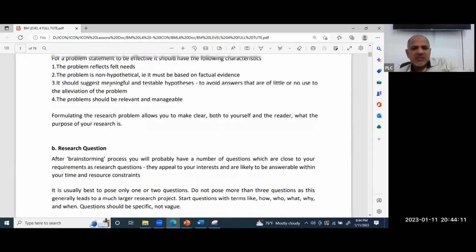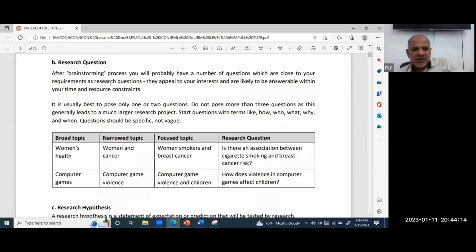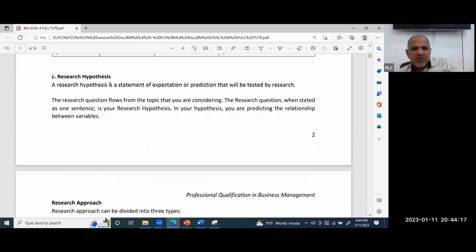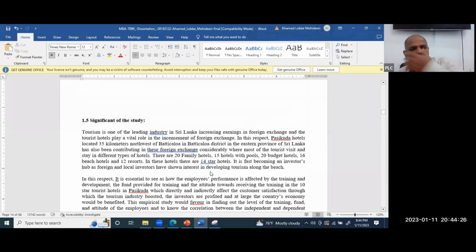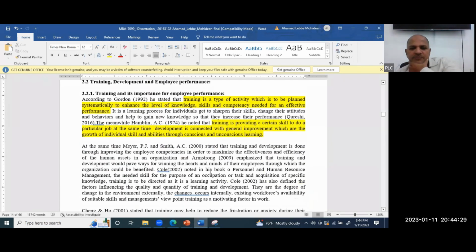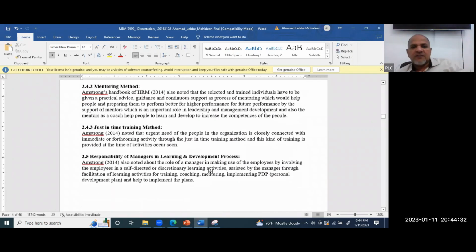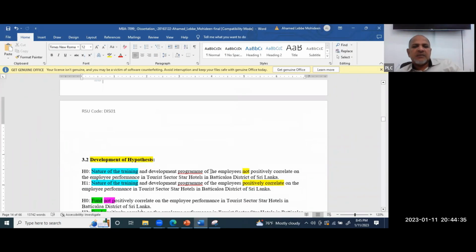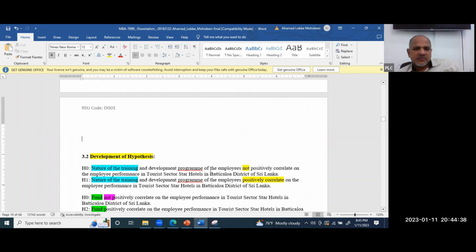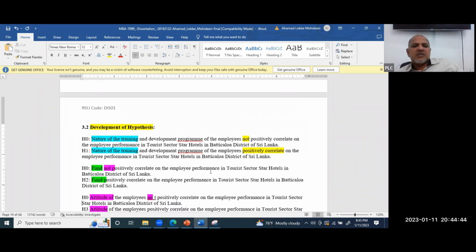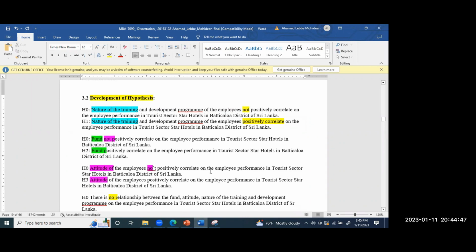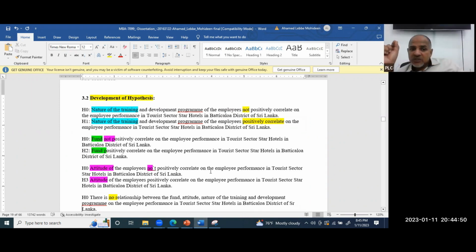So now you have identified the research problem, right? Research questions you have identified. Okay. Now we are moving to hypothesis. You are going to bring the hypothesis according to your conceptual framework. We call this zero hypothesis, H-naught, the null hypothesis.